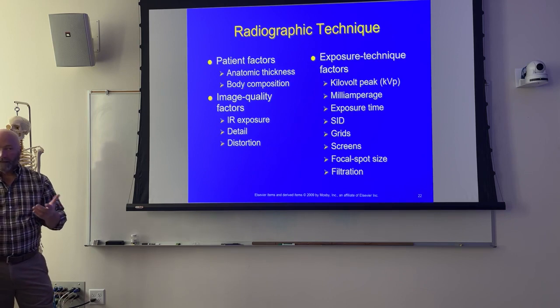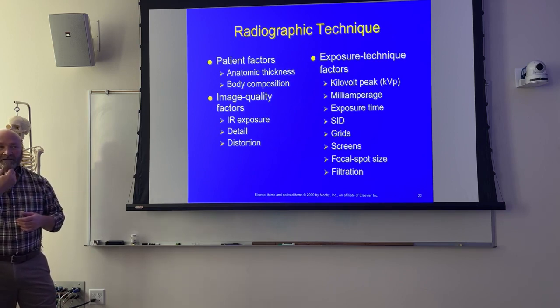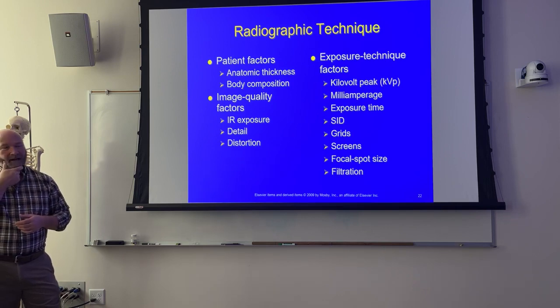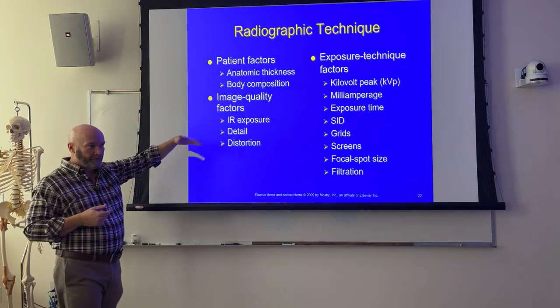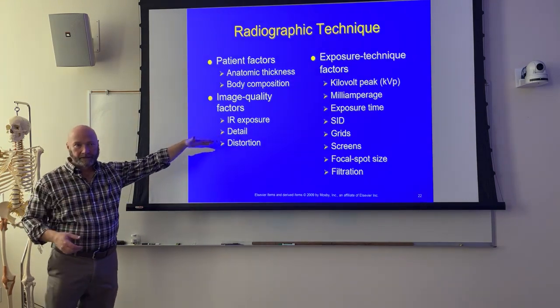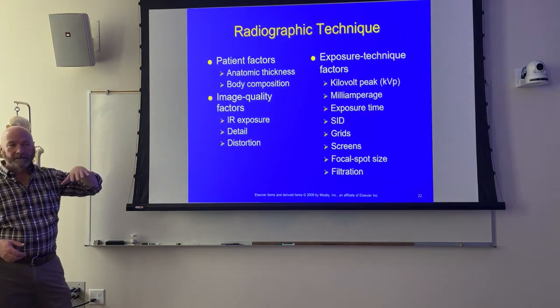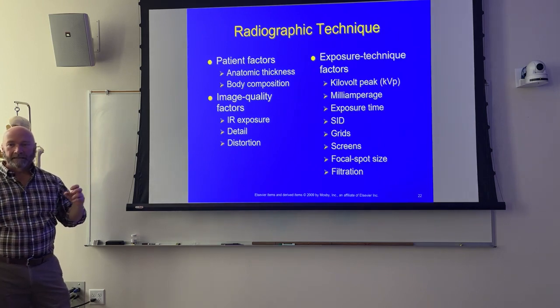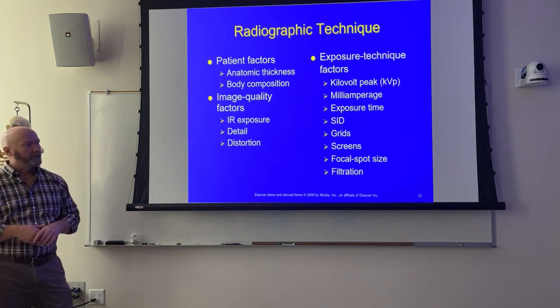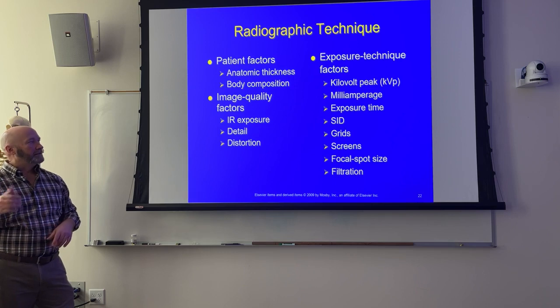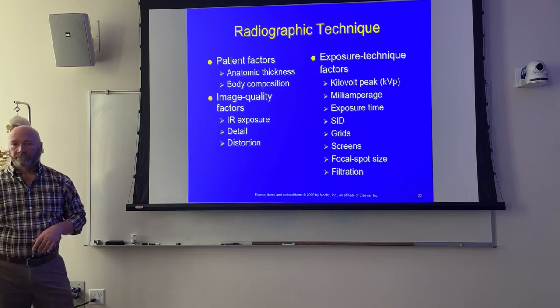You've got everything you need in Canvas, notes and whatnot. I think I've gone through this, and where there's reference to density, I've removed that, or I've tried to remove it. Just know that density equals exposure.